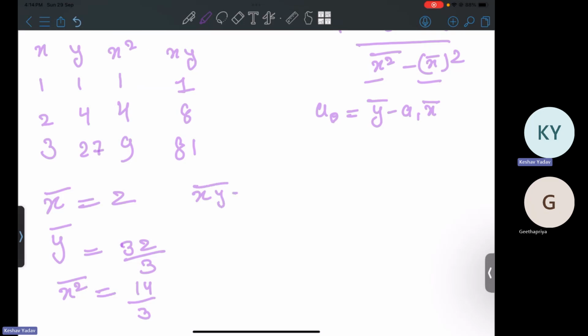XY bar will be equal to what? Let me calculate that. XY bar will be 90 by 3, so it will be equal to 30.